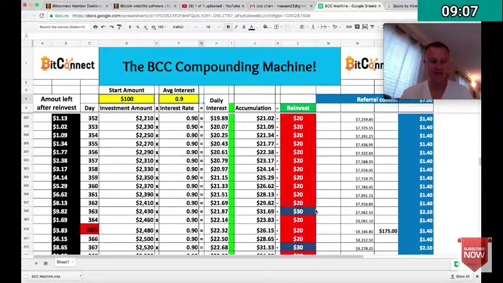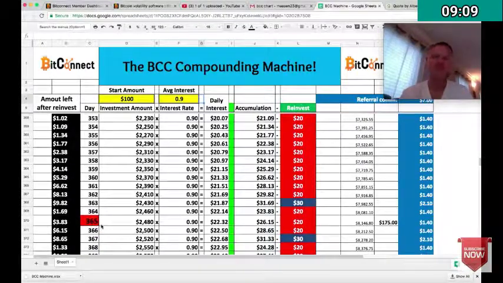Here's a big day, day 365, so 1 year. If you start this today, 1 year from today, you will have turned your $100 investment into almost $2,500, which is going to pay out roughly, on average, $22 a day. And you just continue to reinvest.